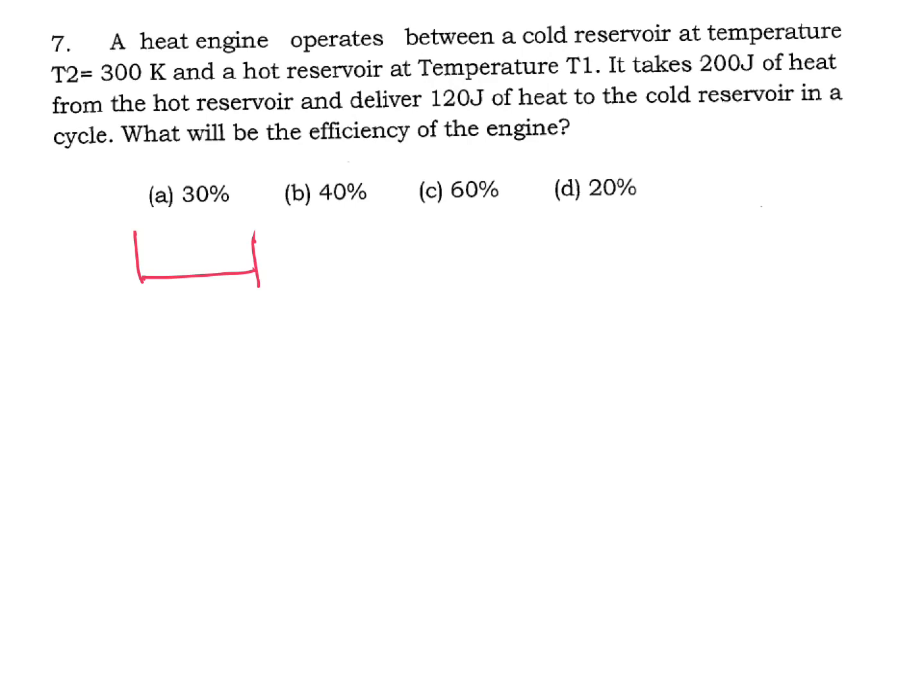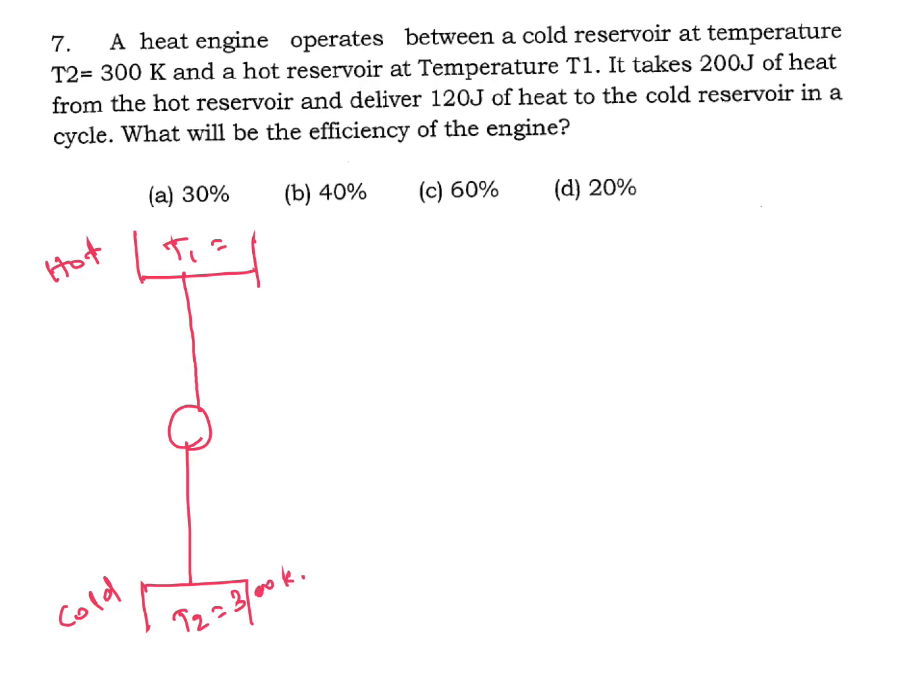It's a heat engine. Hot reservoir and cold reservoir. This is the hot reservoir. Then it's the cold reservoir. Here the temperature is T1. Temperature T2 is given, T2 is 300 Kelvin.